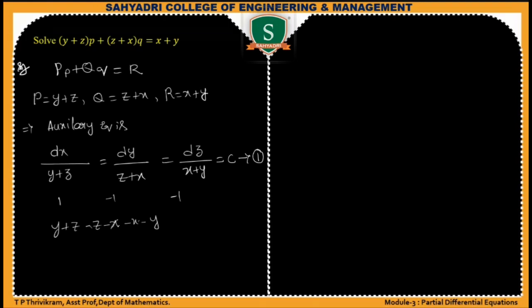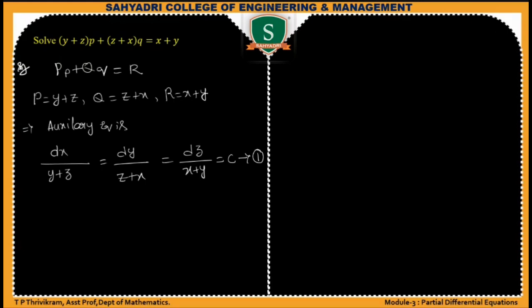But here minus 2x you are getting. So this is not possible. Y gets cancelled, z gets cancelled, x will remain. So we don't have any multipliers where the sum is 0.